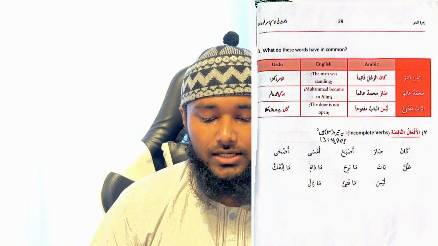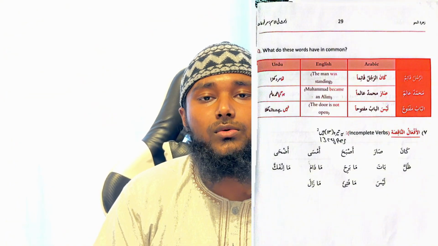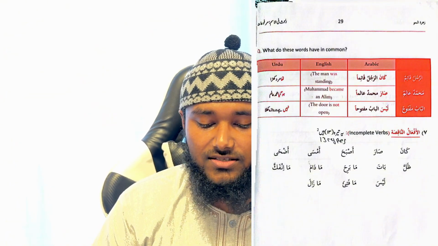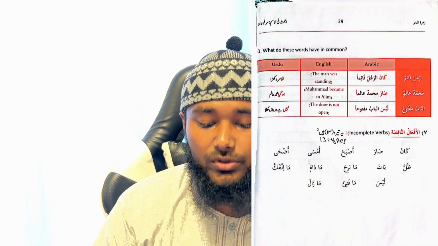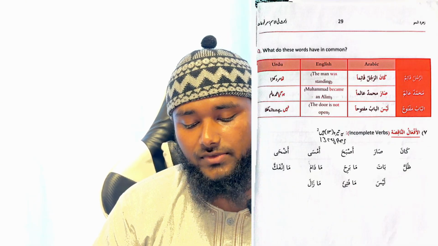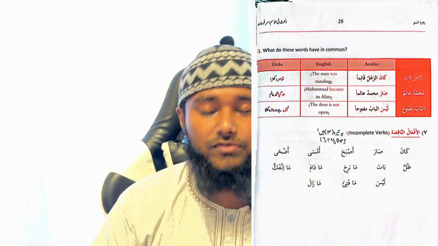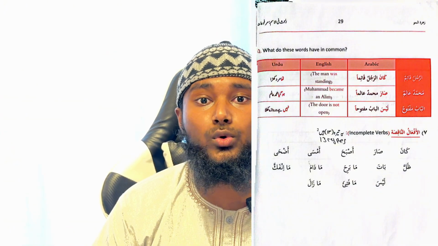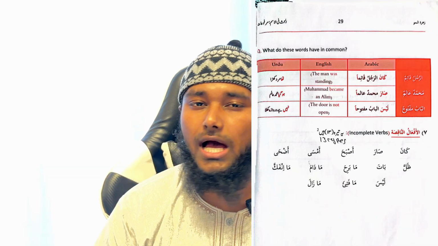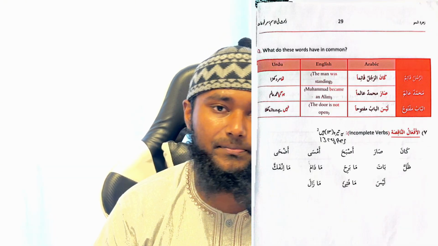Okay. And the second example that the author brings here is صار محمد عالما. If you say محمد عالم, that means Muhammad is an alim, he's a knowledgeable man.